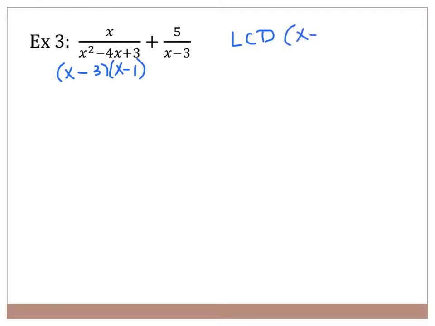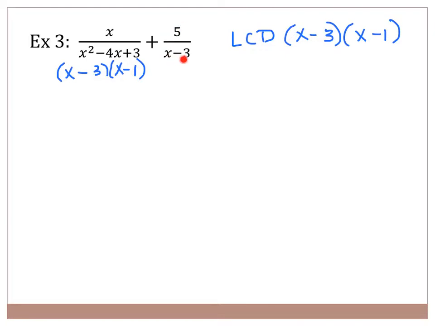So what I see that they have in common is x minus 3. They both have an x minus 3 as a factor in the denominator, but the one on the left also has an x minus 1, so that needs to be included in your least common denominator. So this x minus 3, x minus 1 is the LCD, and this one has both of them already, so the first fraction doesn't need any change, but the second fraction does.